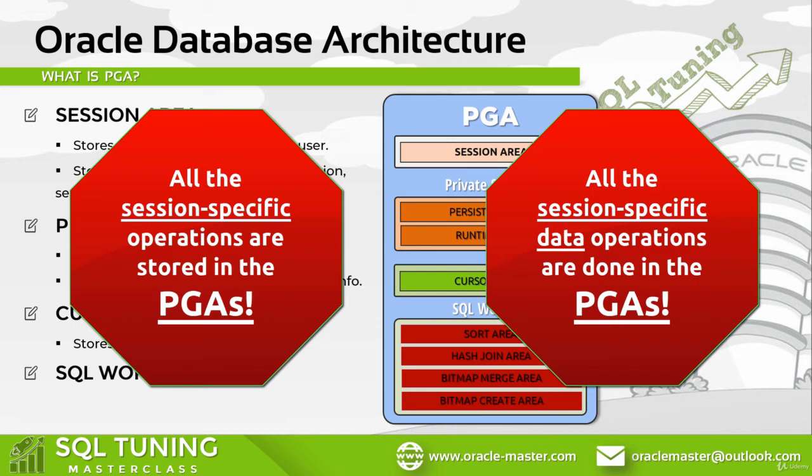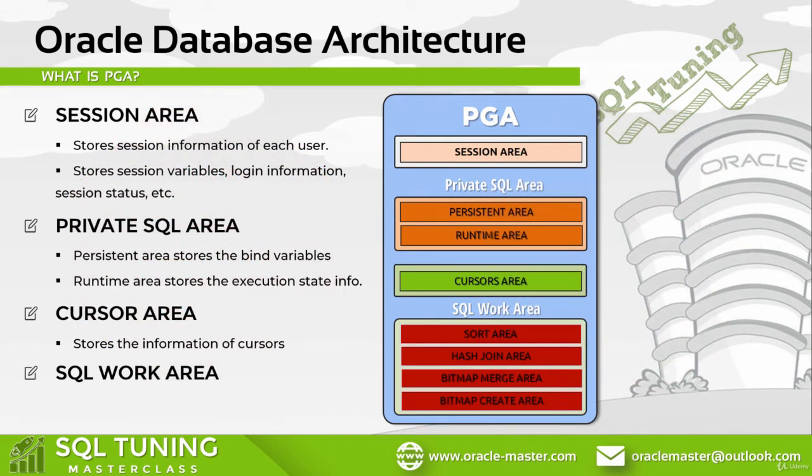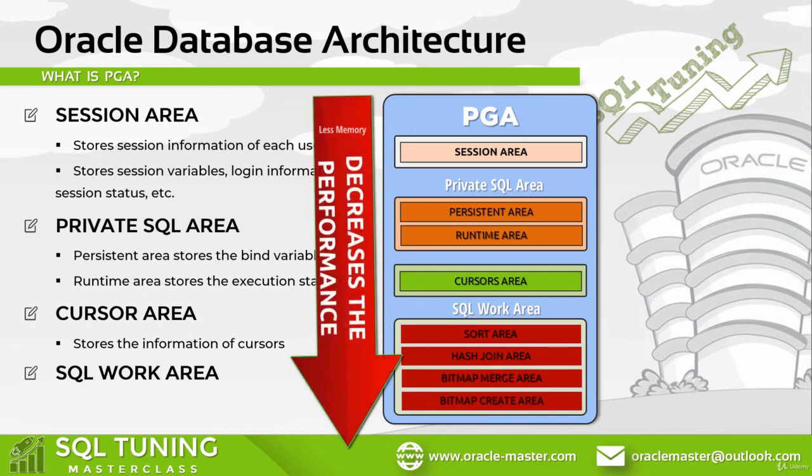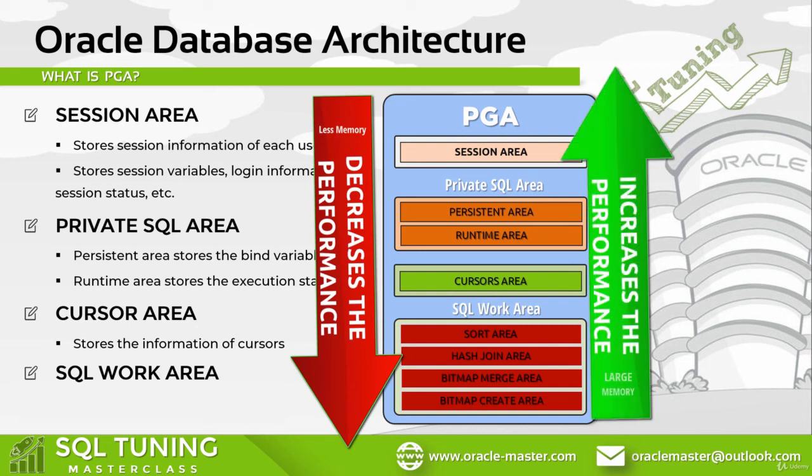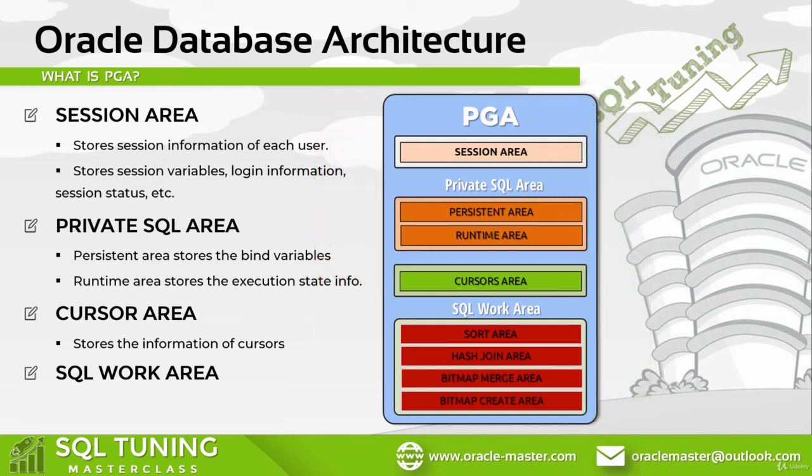But there is one more important thing here. The size of the PGA is important. If you assign less memory for the PGA, it will decrease the performance. Assigning a large memory for the PGAs will significantly increase the performance, especially for the sessions which need a large memory. There are two methods to assign the size of the memory for the PGAs.